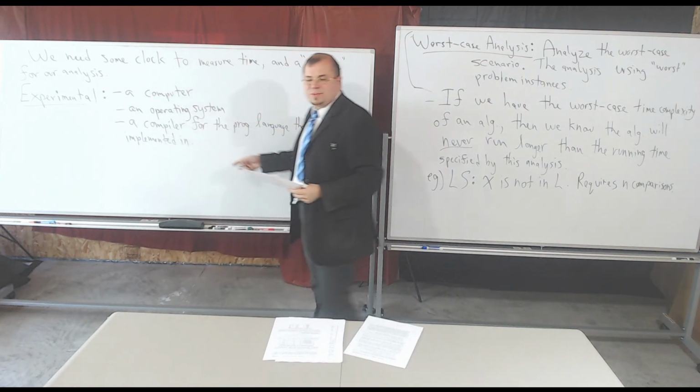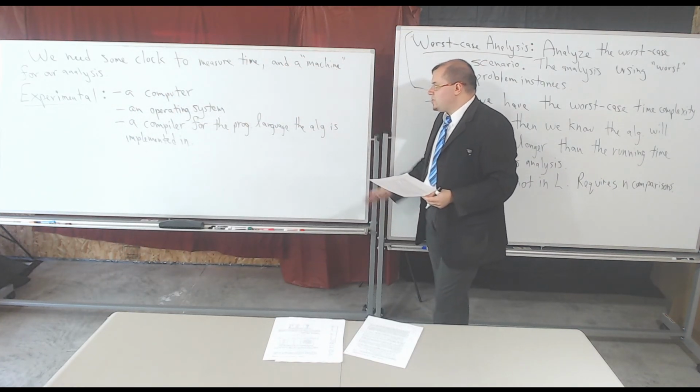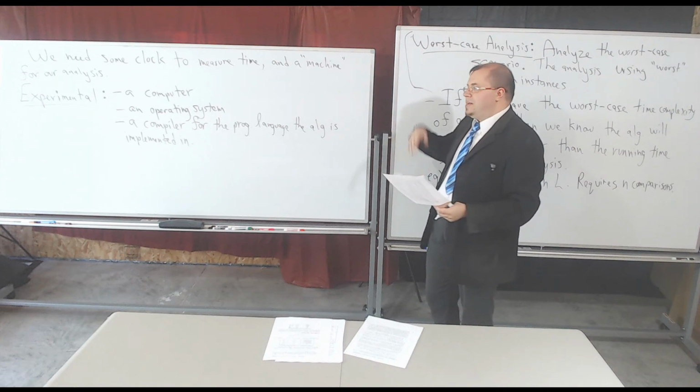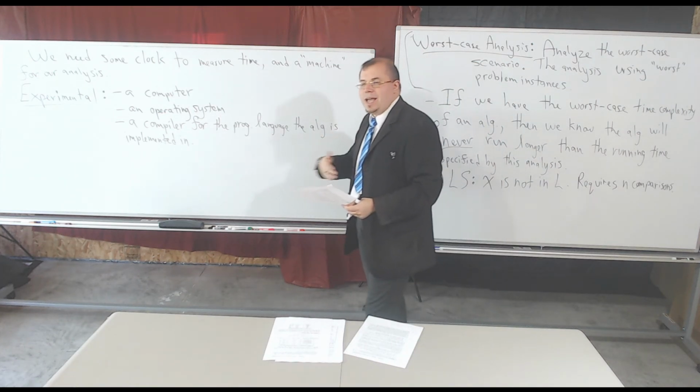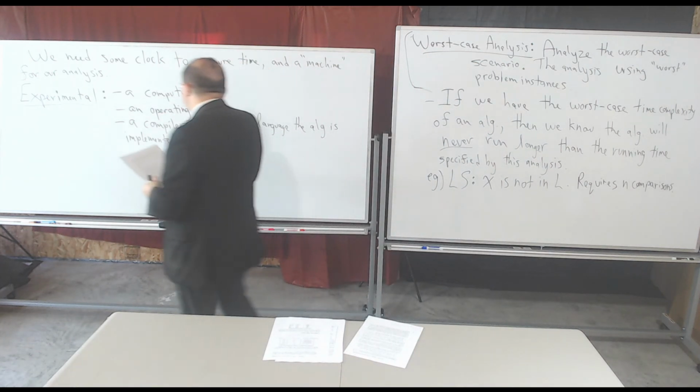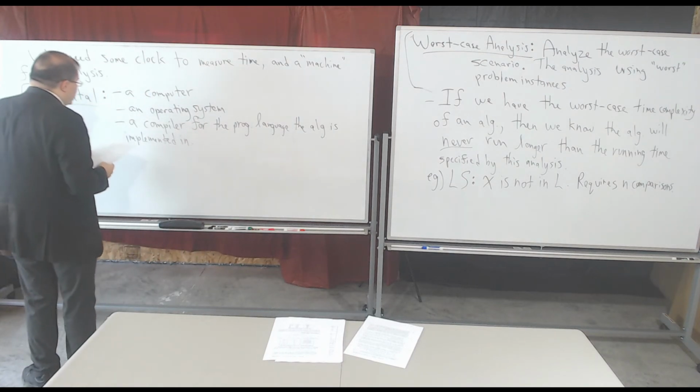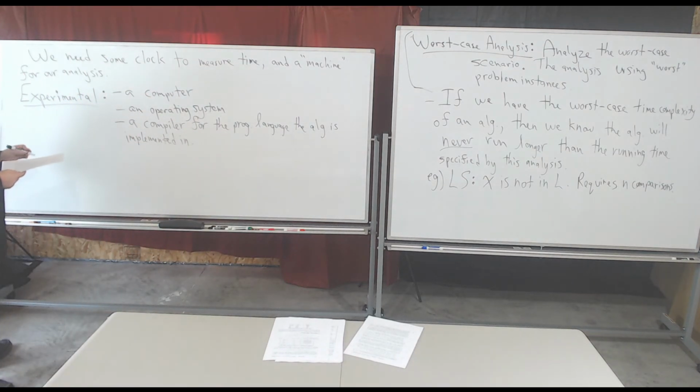So we need some compiler so I can actually write up my favorite algorithm in a programming language so I can compile it, so I can execute it as machine code. So these are things I'm going to need probably.